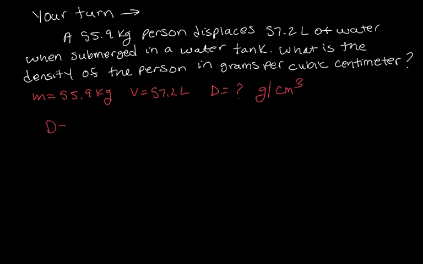So we know that density is mass over volume. So we just plug in our values. 55.9 kilograms divided by 57.2 liters. But they want our answer in grams per cubic centimeters, not in kilograms per liter.